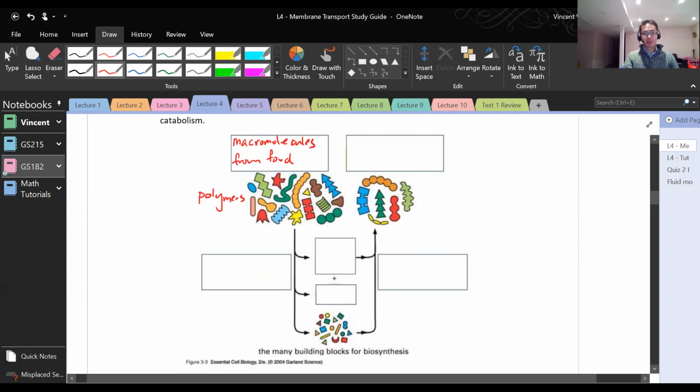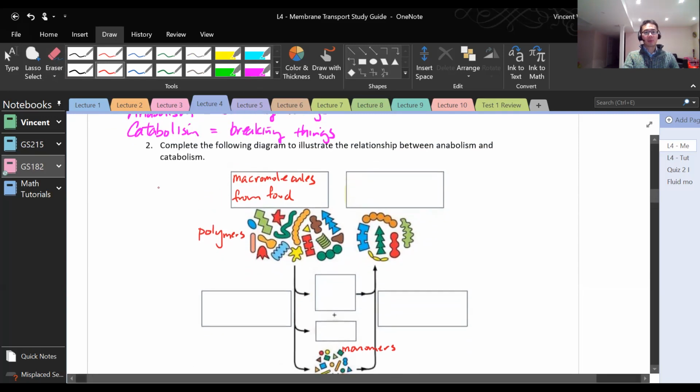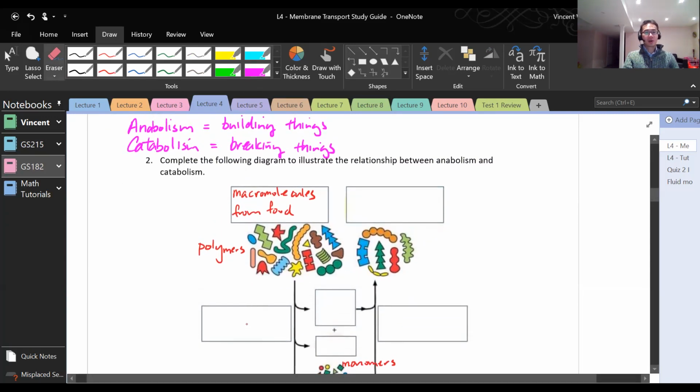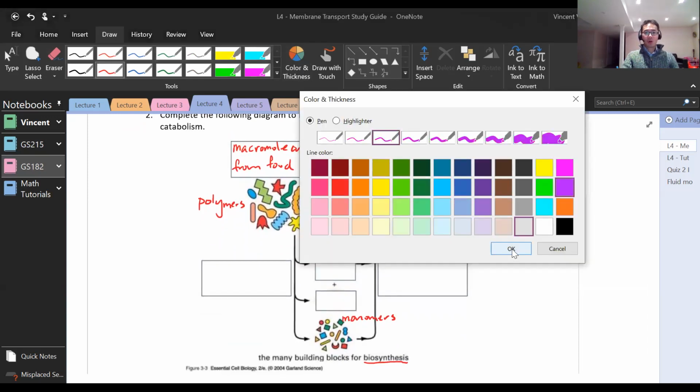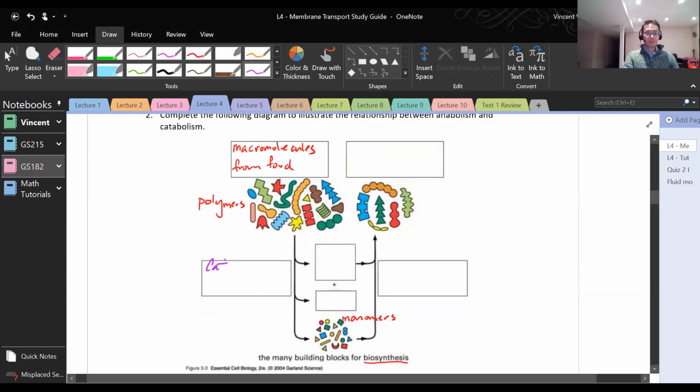These are basically monomers, and we are going to use them for making biological molecules. That's what biosynthesis means. So this process of breaking polymers back into the individual building blocks, again we are breaking things, is called catabolism, or catabolic reaction.